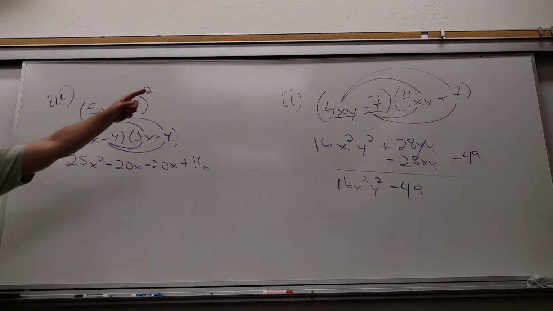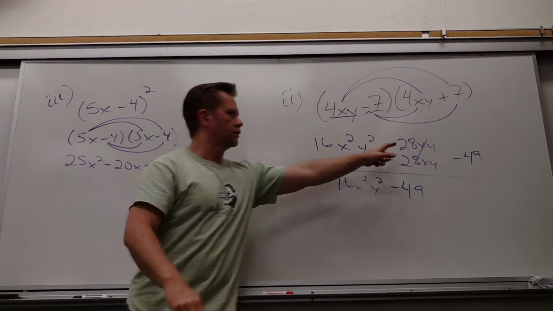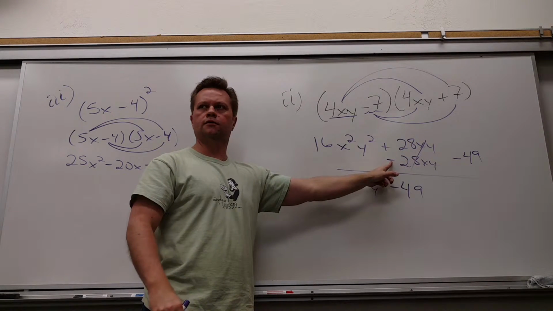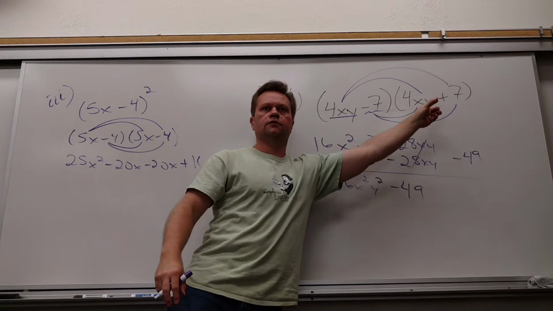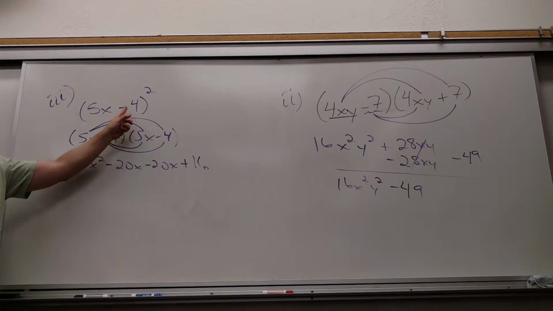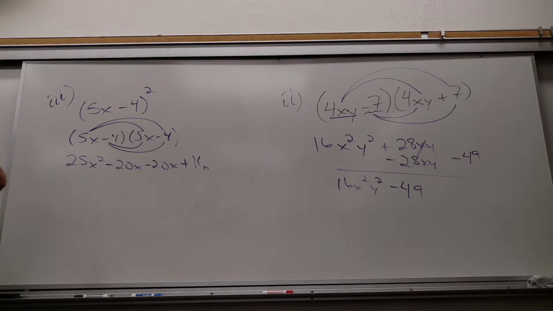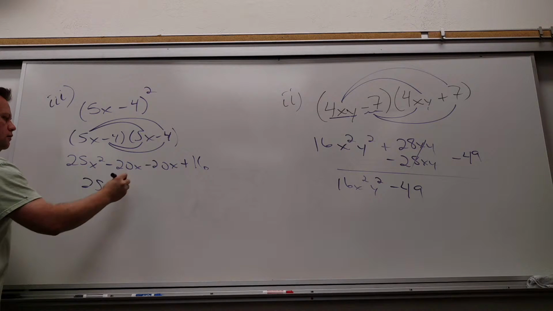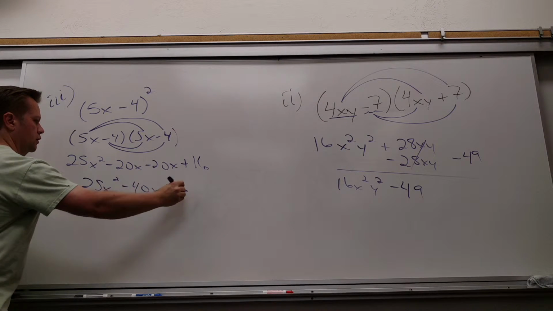Notice how in the last one these were the same, but they had different signs, because that was a minus and that was a plus. Here they have the same sign because I have two that have a minus in them. So they're not going to cancel, they're not going to go away. They're going to build on each other, right? So I get 25x squared minus 40x plus 16.